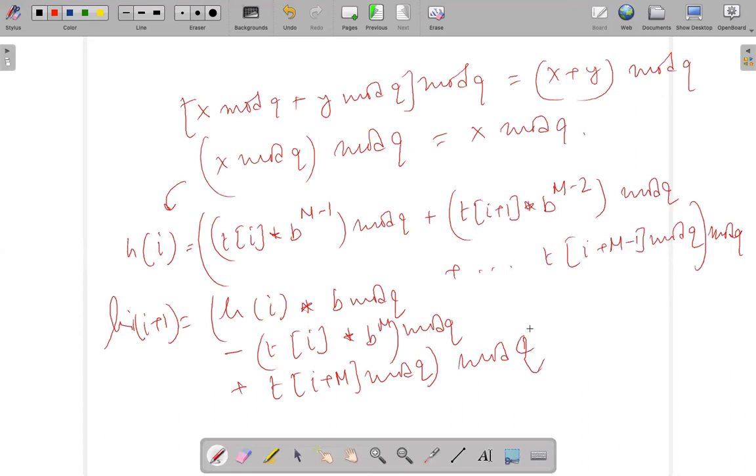Okay. So based on the above two properties, this can be easily derived.